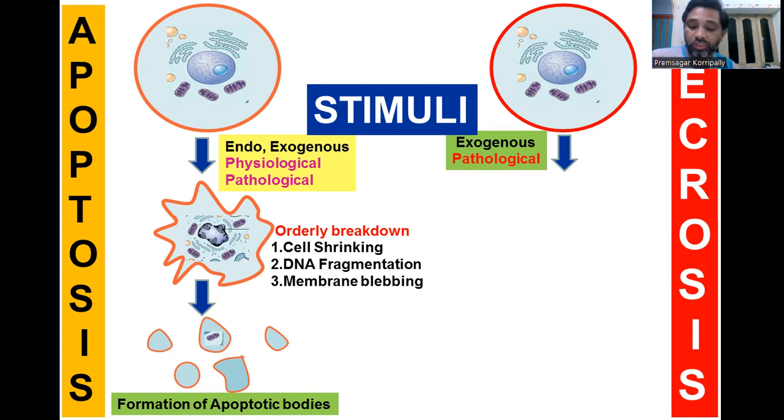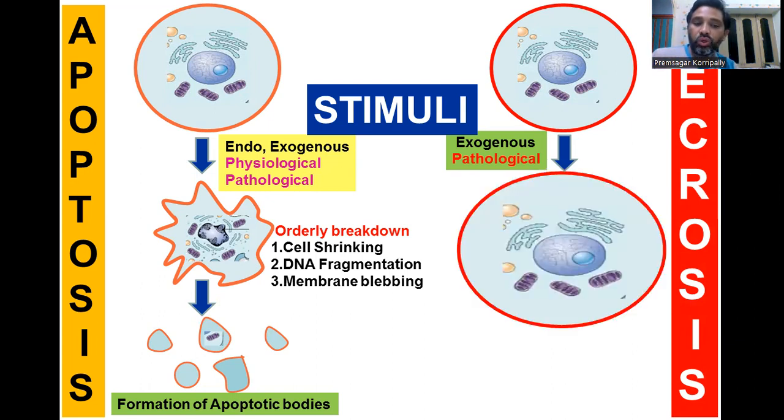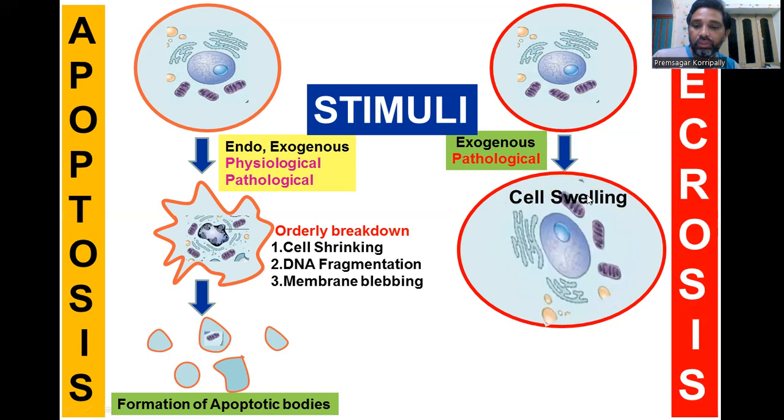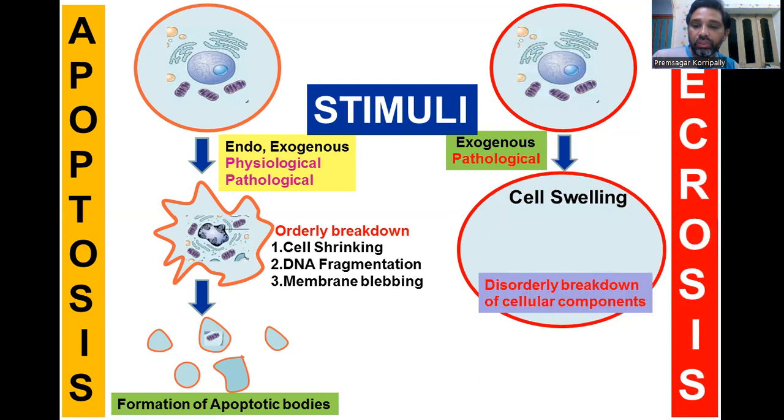In apoptosis there is shrinking of the cell, but here the cell undergoing necrosis swells. And there is disorderly breakdown of cellular components.